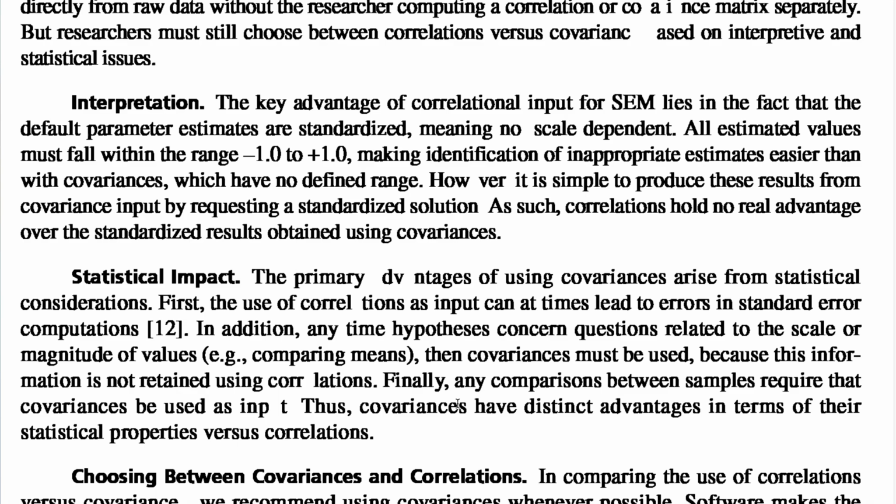In addition, any time hypotheses concern questions related to the scale or magnitude of values, for example comparing means, the covariance must be used because this information is not retained using correlations. Finally, any comparison between samples requires that covariance be used as input. Thus covariances have distinct advantages in terms of their statistical properties versus correlations.